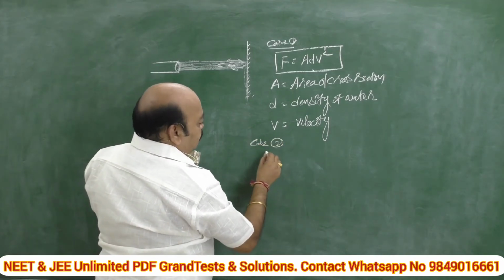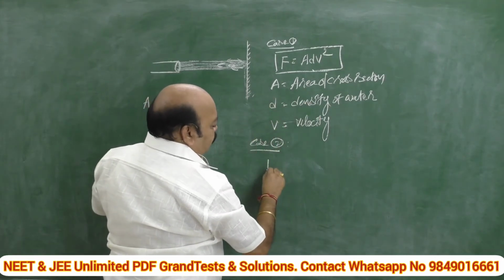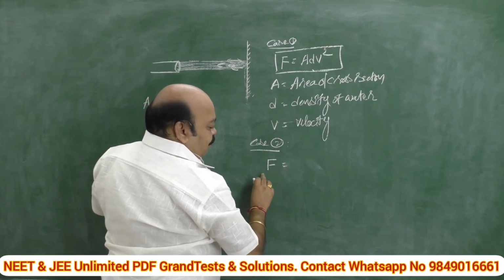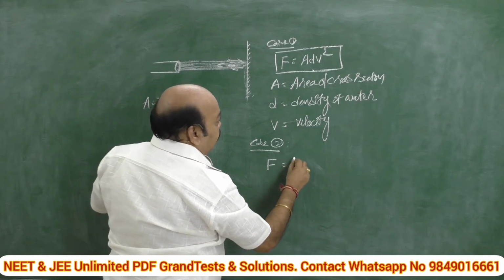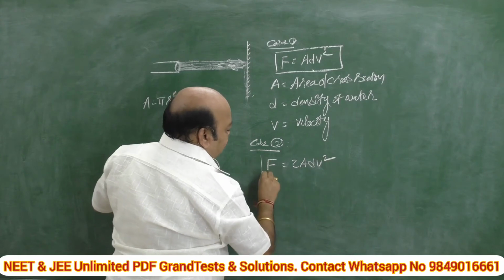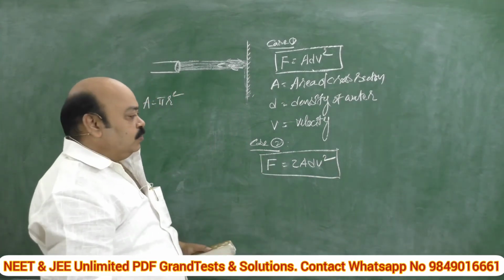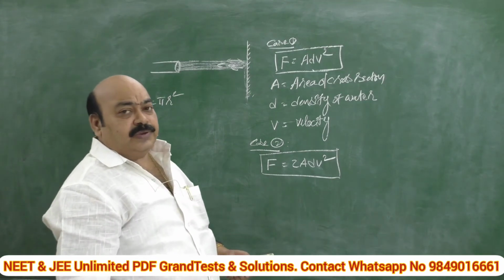When water rebounds, the force acting on the wall is given by 2AdV square. It's a very shortcut and very time saving technique. F is equal to 2AdV square.